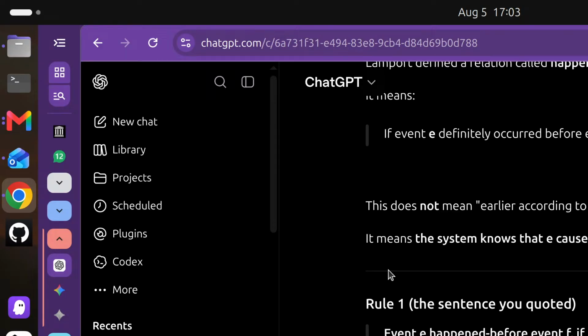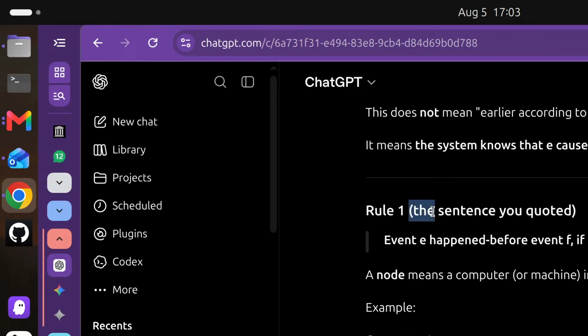Rule 1. Event E happened before event F if E and F are on the same node. A node means a computer or a machine in the distributed system. That's correct.